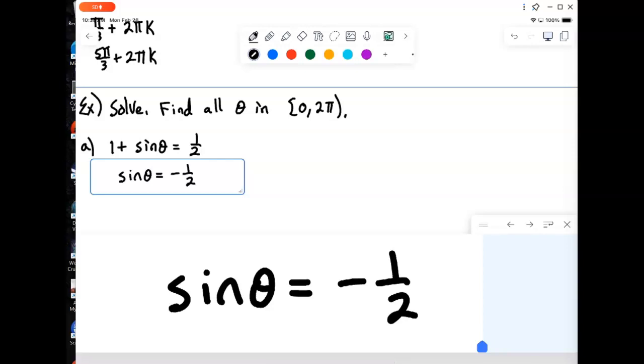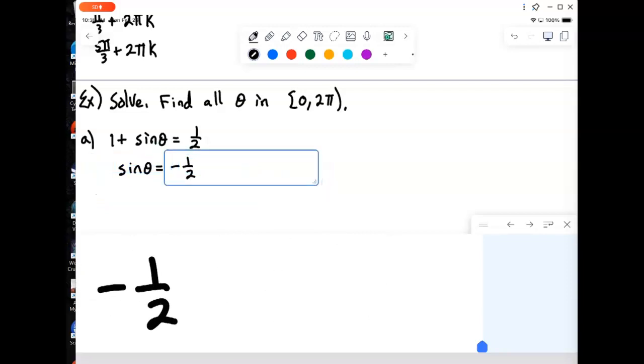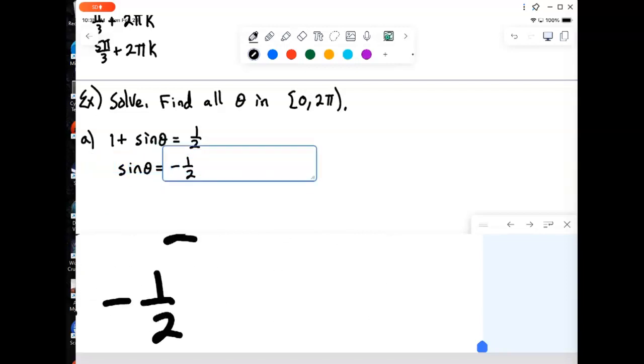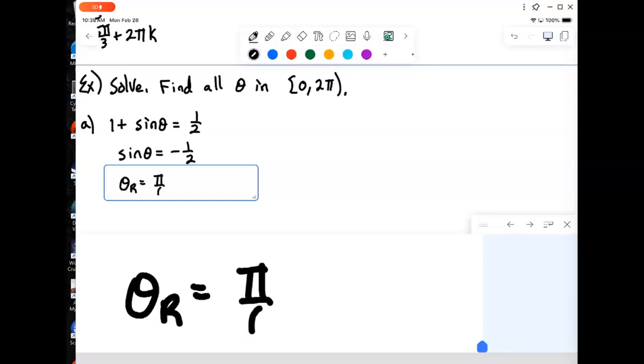And at this point, then we find the reference angle. Now that we have the trig function equal to some answer, we ask for a reference angle. 1/2 is one of our exact values, so we recall that 1/2 comes from the sine of pi over 6.